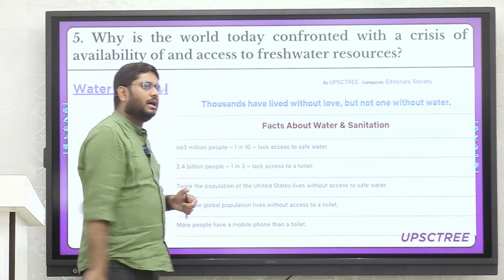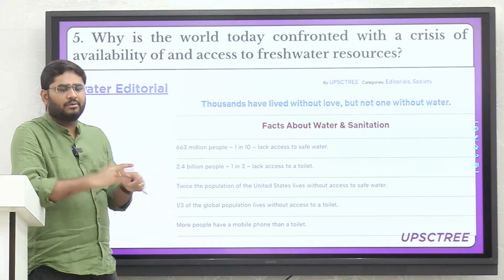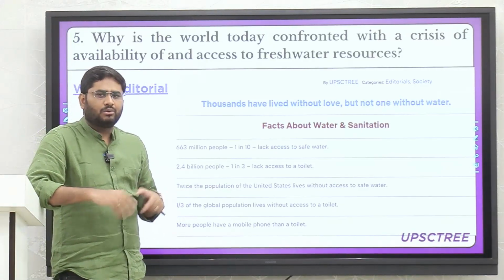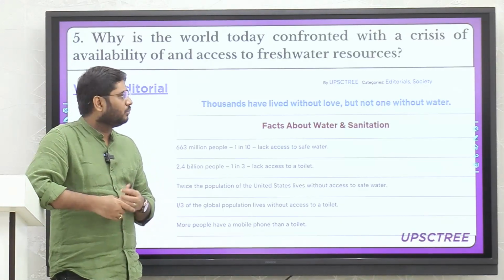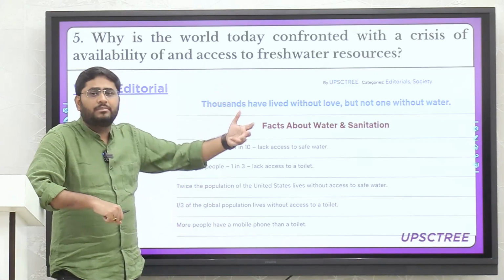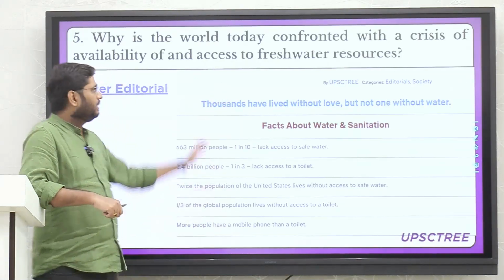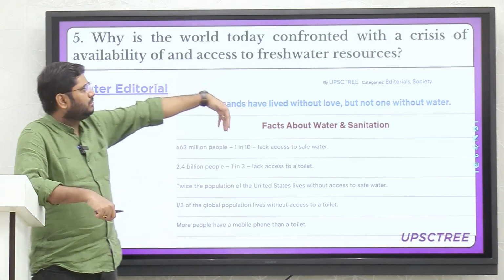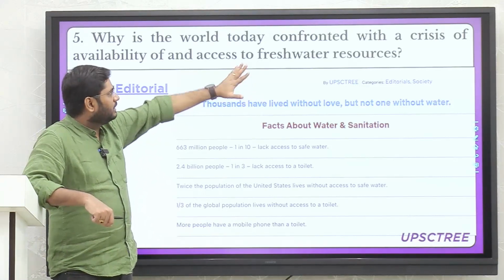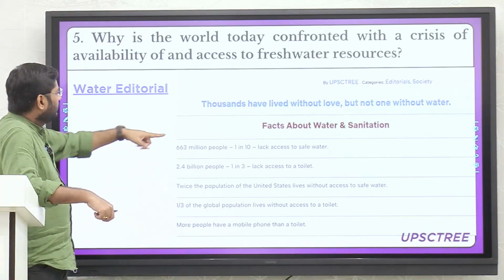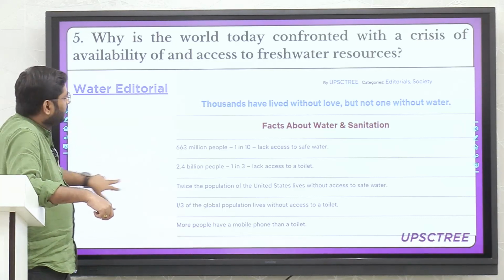If you look at Ganga, whatever we want to dump, we are dumping it in Ganga. That waste is most of the time untreated waste. So these are the major issues. बहुत सारे example देके लिख सकते हो आराम से. You read this editorial, these data sets, that should be enough.